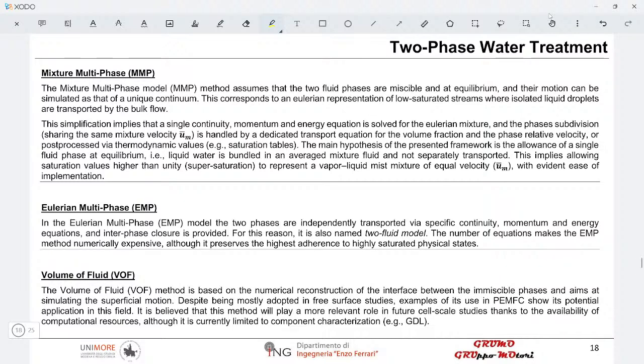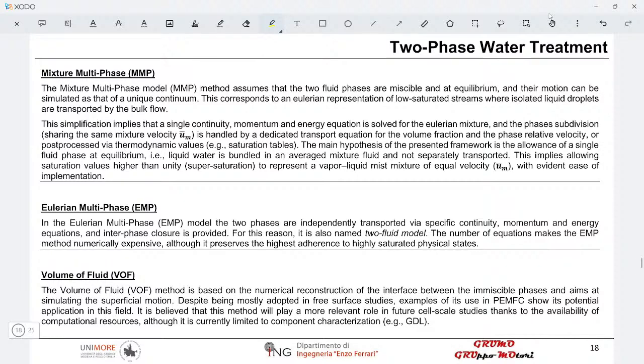Okay, we can live with a fully Eulerian framework. So we have no dispersed phase to track or to transport. But we are happy with a volume fraction of fluid, liquid, versus a volume fraction of fluid, vapor. So we are happy just with volume fractions, okay?